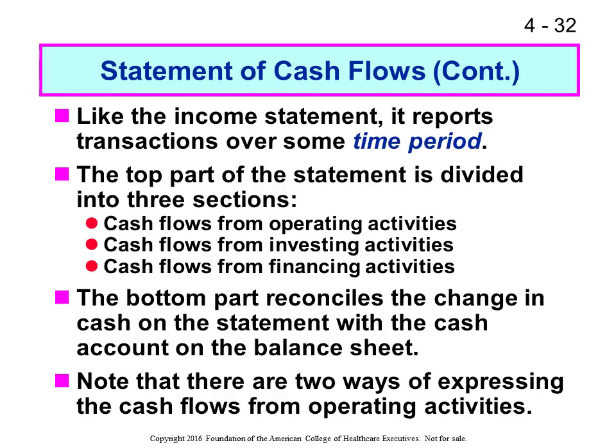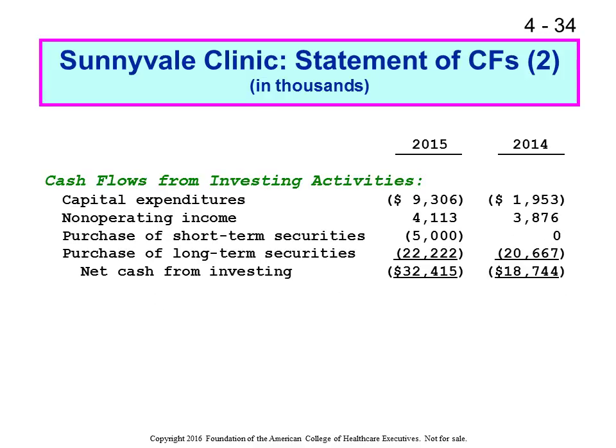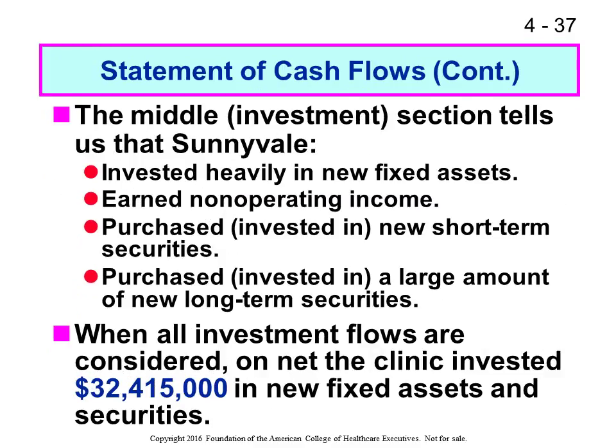Now, the statement of cash flows is divided into three sections: cash flows from operating, investing, and financing activities. I'm on slide number 32. On slide number 33, I put an example of a cash flow statement. The top portion is operating.